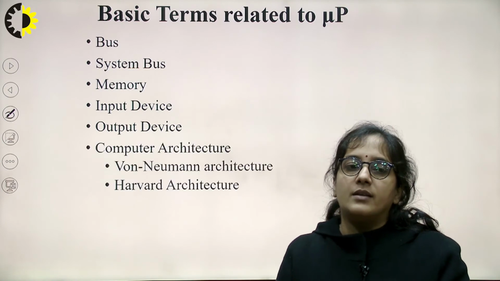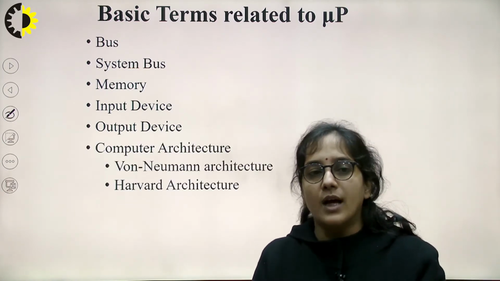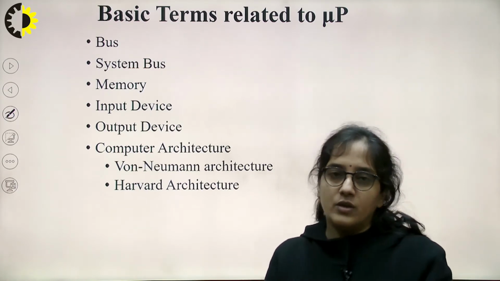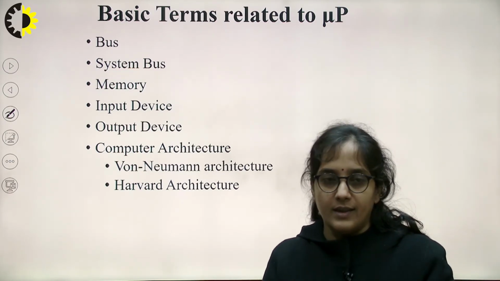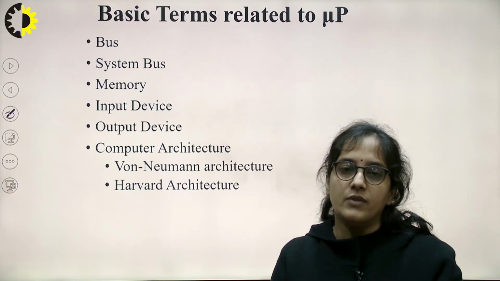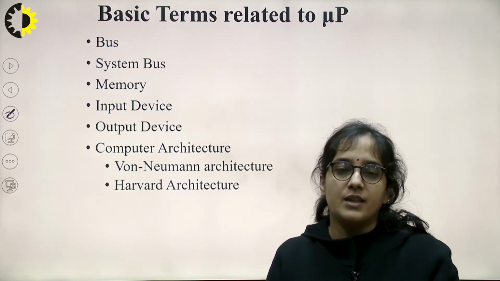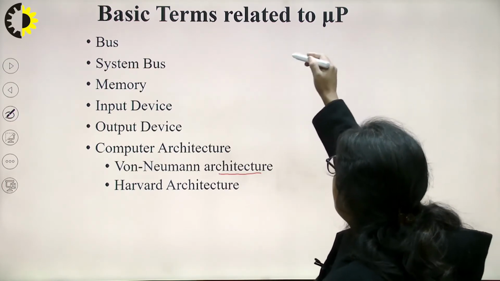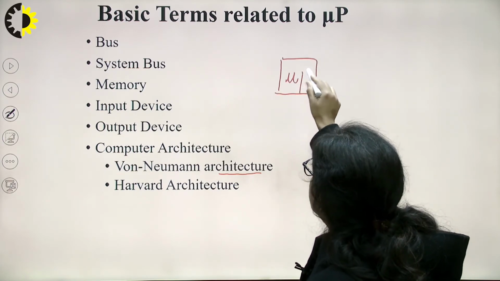Okay. Then the next term that is used is computer architecture. As the microprocessor is the base of your computer, it is the heart, or you can say the brain, and in a computer architecture we arrange these devices in a certain way. So, in case of Von Neumann architecture, as I told you, this is our microprocessor, it is a chip.